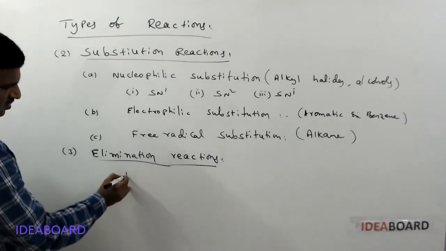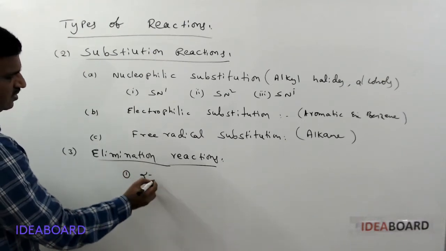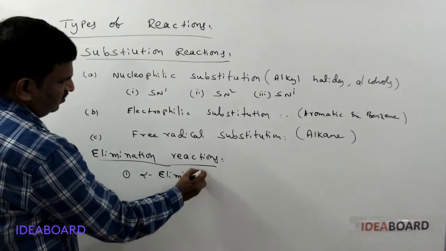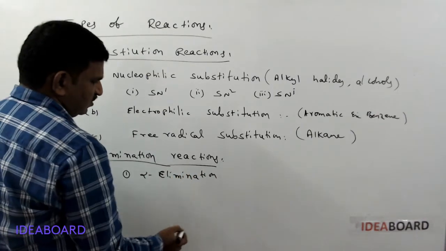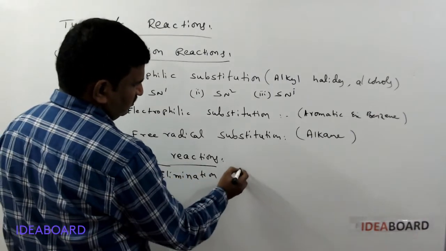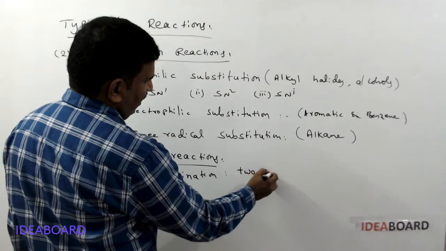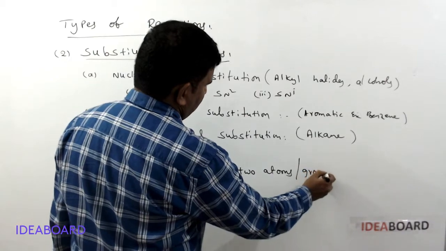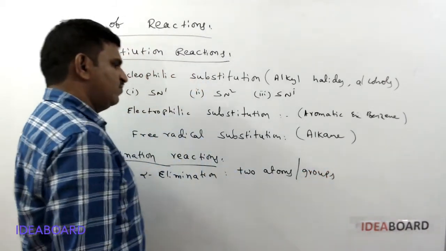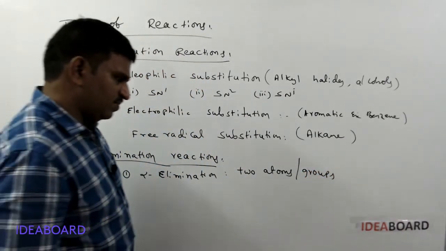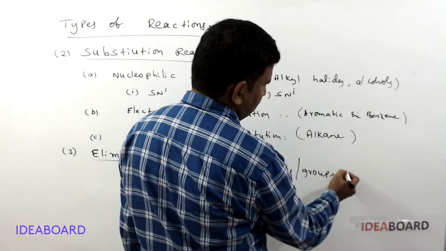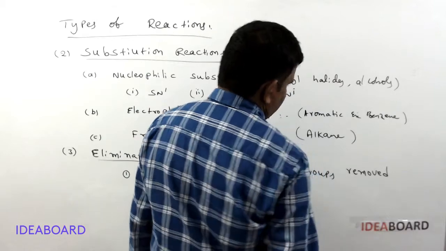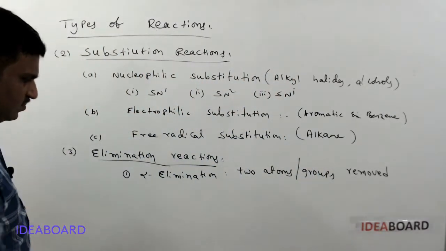There are mainly two types of elimination. One is the alpha elimination process, where two atoms or groups are removed from the same carbon atom.